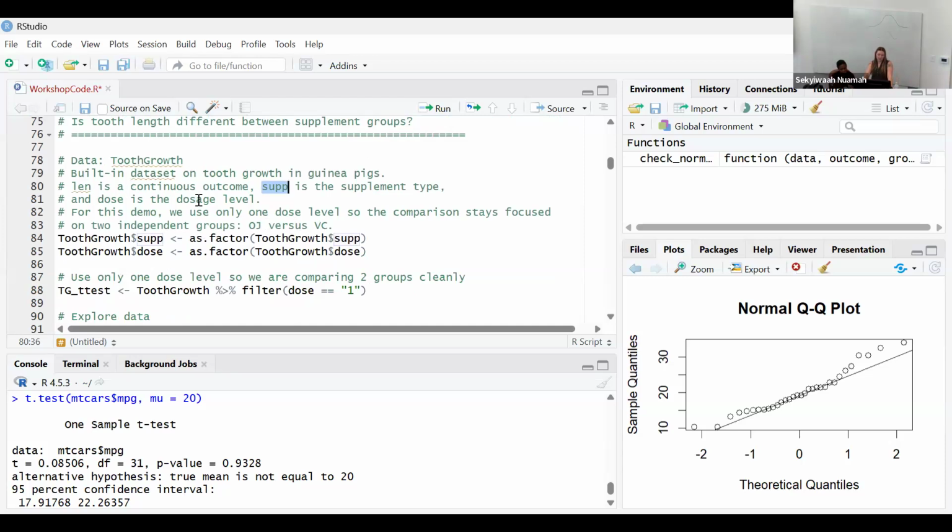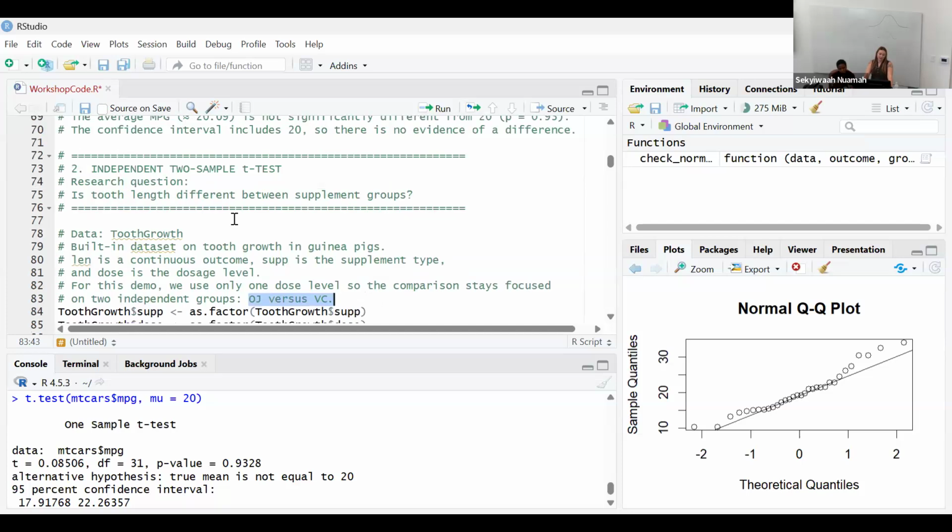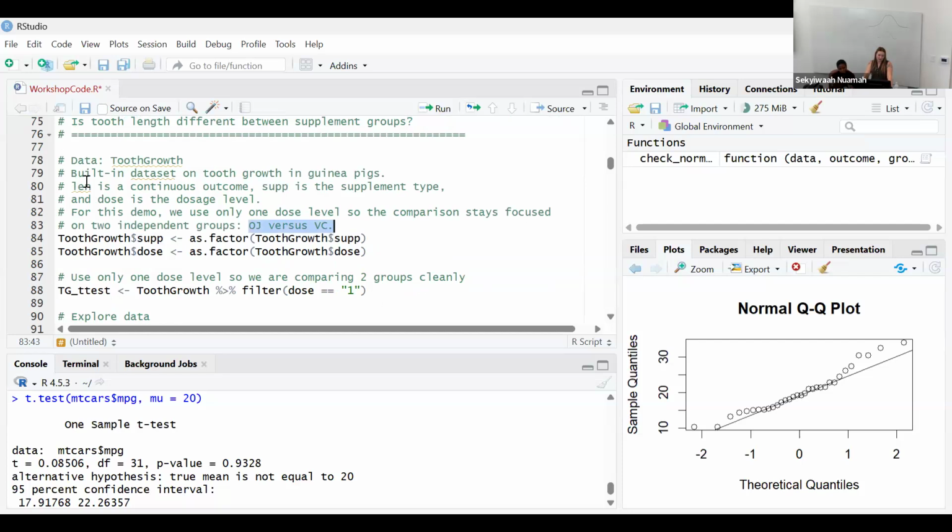And then dose is the dosage level, but we're only going to be working with the one dosage level so that we can compare the two groups, the OJ versus the VC vitamin C. So with that, our research question is: is tooth length different between supplement groups? Okay, well, let's find out.